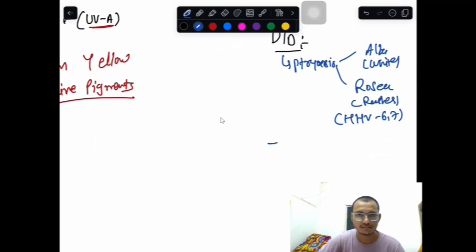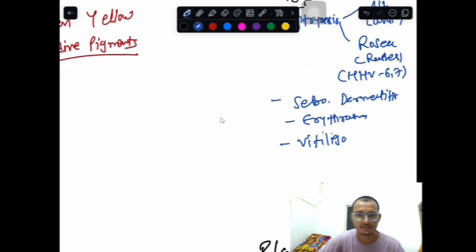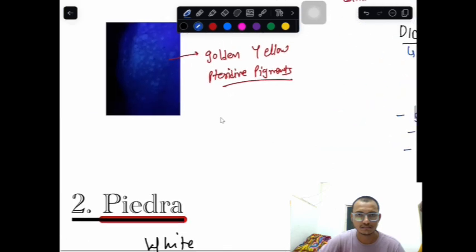What are the others? It's like seborrheic dermatitis, right? Erythema, vitiligo, and many more. Leprosy, syphilis, but we will not remember all. We just have to distinguish it, right? How will we treat it?